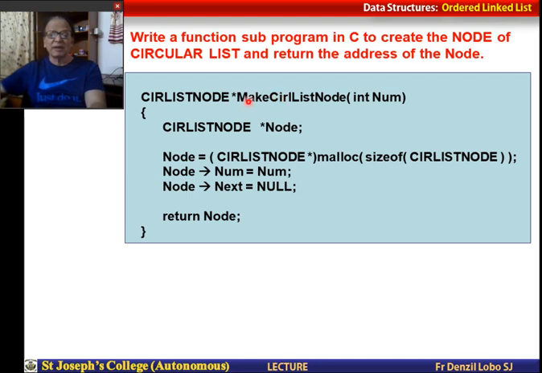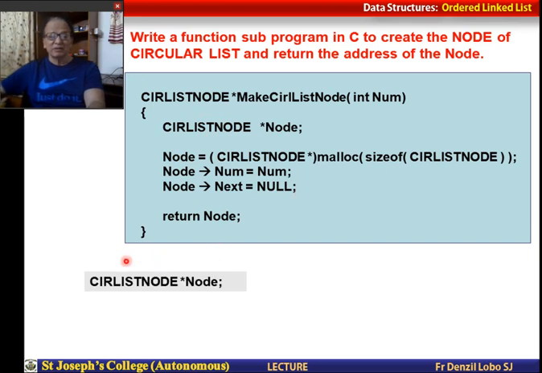Now we are making circular list node. The code is almost the same, only some names are different. For example, we create a local variable called node of the circular list node type. Then allocate memory, assign number, null, and return node. This returns the address of this list node which contains number and points to null.